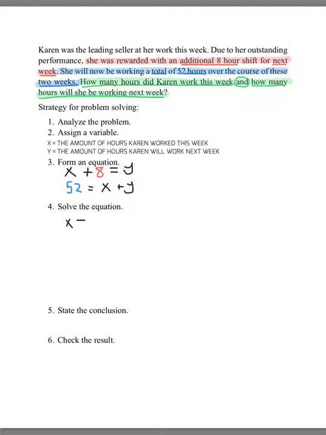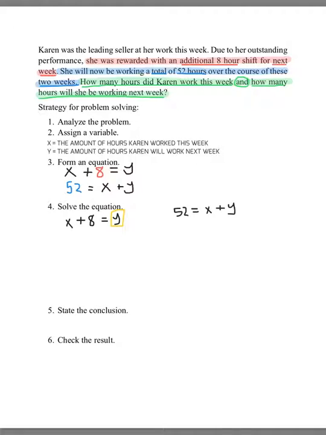So we'll start off by writing them out. We have x plus 8 is equal to y. That's our first equation. And we have 52 is equal to x plus y as our second equation. Notice that in the first equation, y is already solved for.